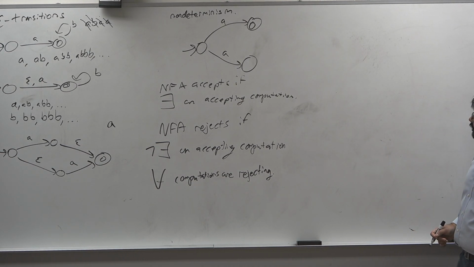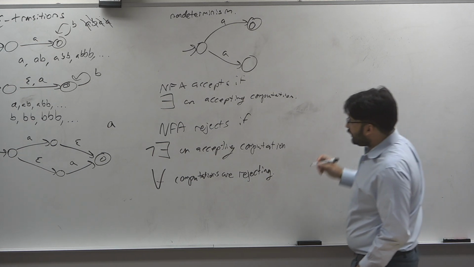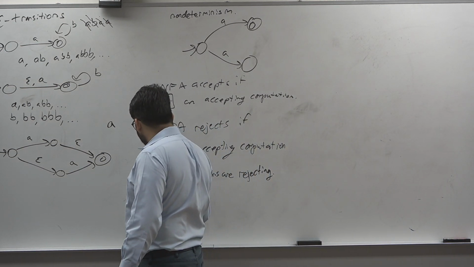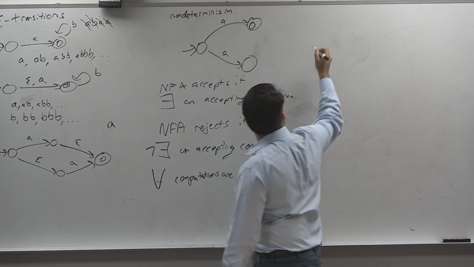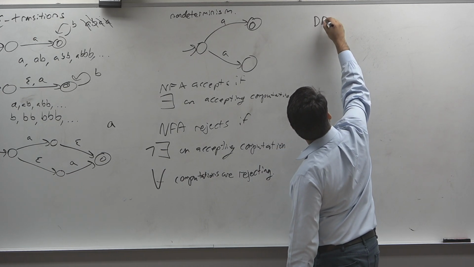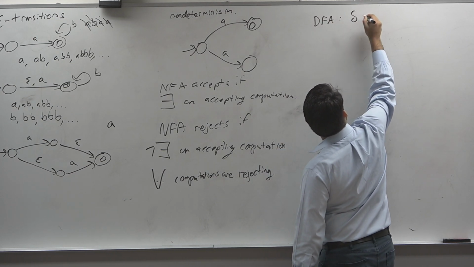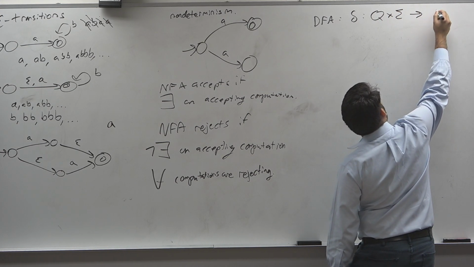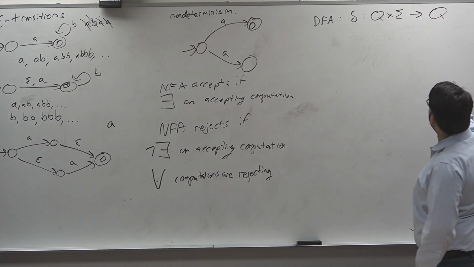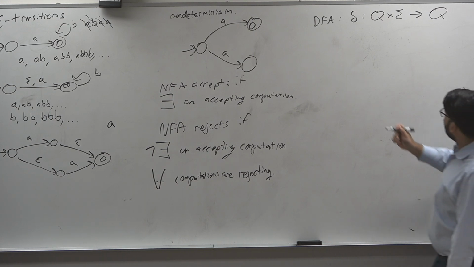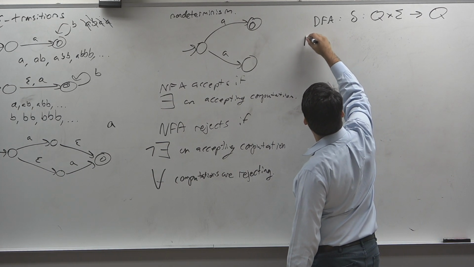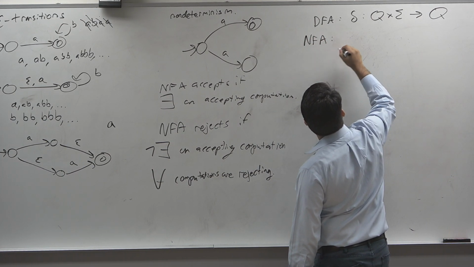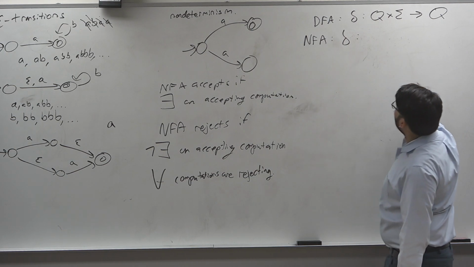Let's define our transition function real quick. For the DFA, if you recall, we went from a single state, at a single symbol, and we moved to a single state. We want to generalize this for the NFA. So what is delta going to do?